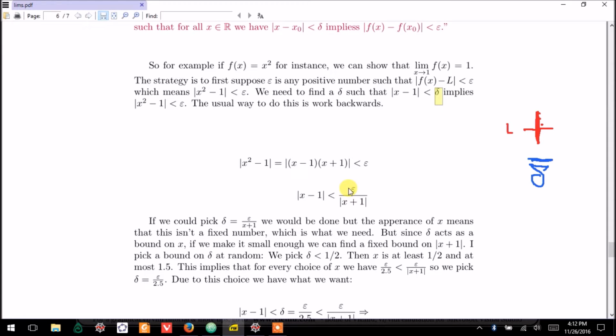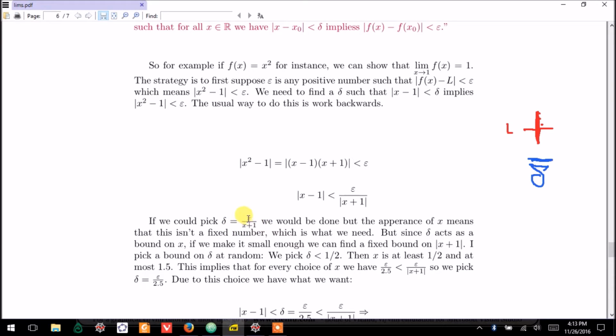Now, if I could just make delta equal to this, that would be lovely, but I can't because x is a varying quantity, right? This would not be a choice of delta that is some specific real number upon deciding what epsilon is, right? I would have to know both epsilon and x, and that's not good enough.